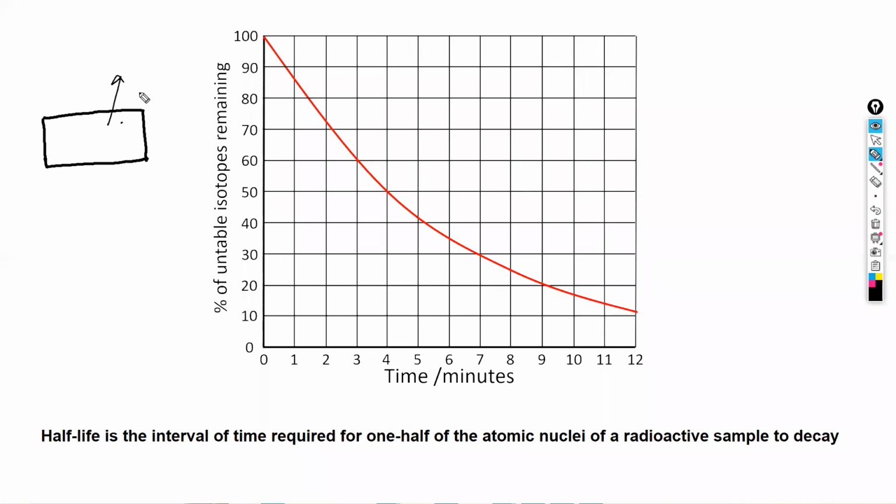The type isn't too important right now. And as it shoots out the radiation, the atoms will slowly move from being radioactive to not being radioactive.